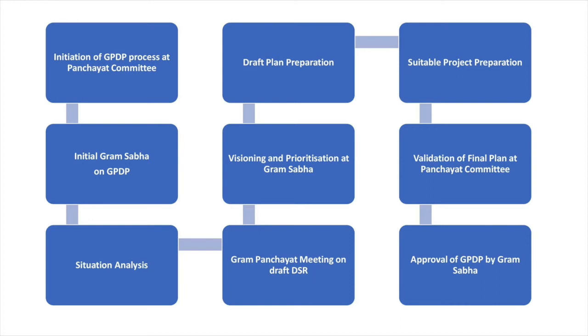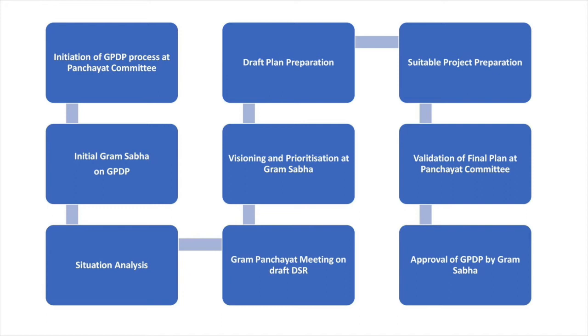And the third step is the situational analysis. As we know, people are well versed with the situations that have been influencing their lives. Situational analysis is a process through which the issues and needs of the community and the gaps where intervention is needed are identified. Situational analysis refers to the assessment of the development status of the Gram Panchayat.